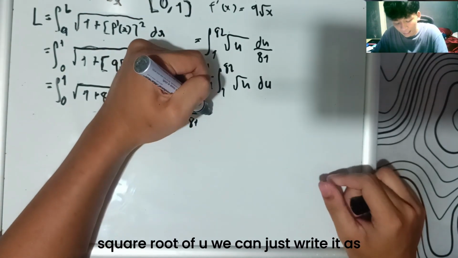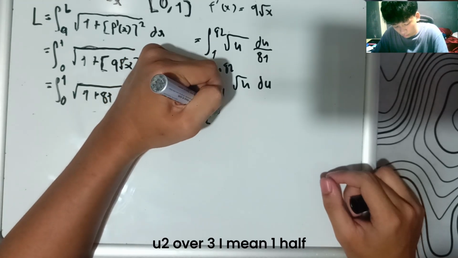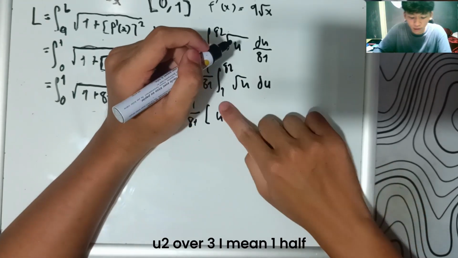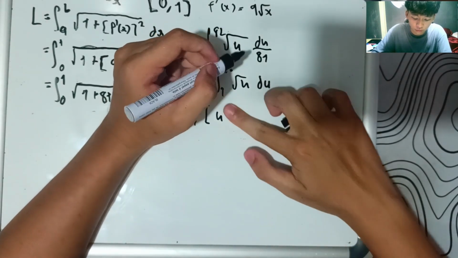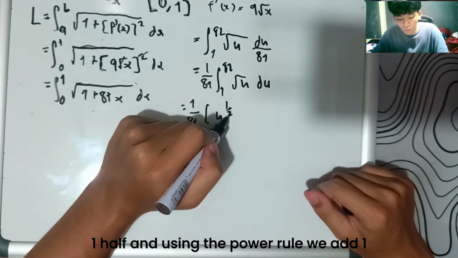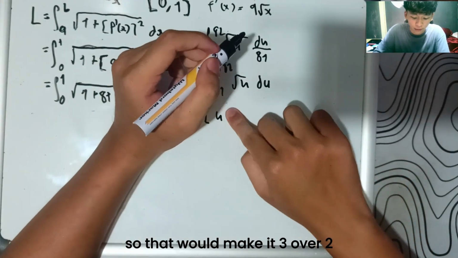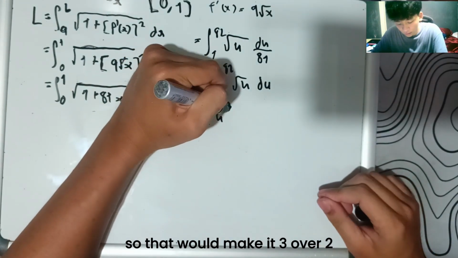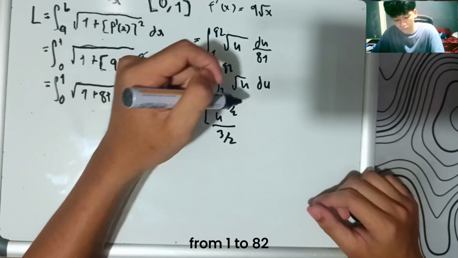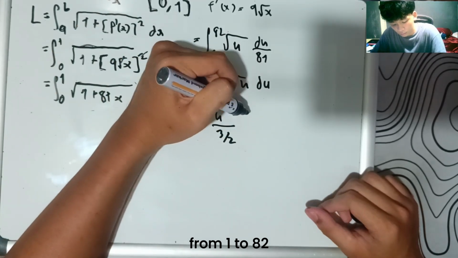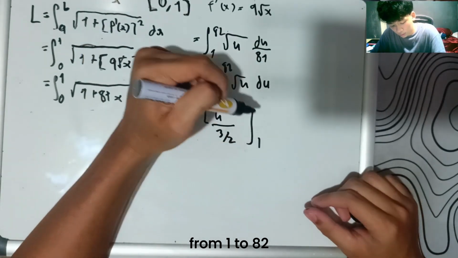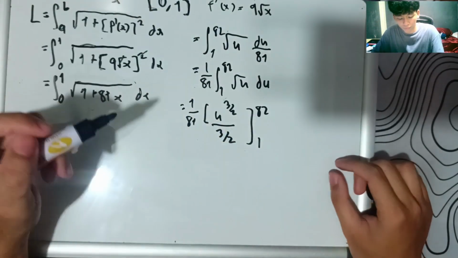We can just write it as u raised to 1/2, and using the power rule, we add 1, so that would make it u raised to 3 over 2 over 3 over 2, from 1 to 82.